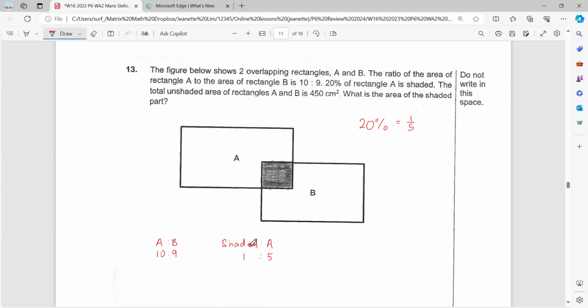Now, ratio, find common base, which is A. So I've changed this 5 to 10 by multiplying by 2. And now I'll figure out how many units is each of these parts. Shaded is 2 units, so I can write this as 2 units.